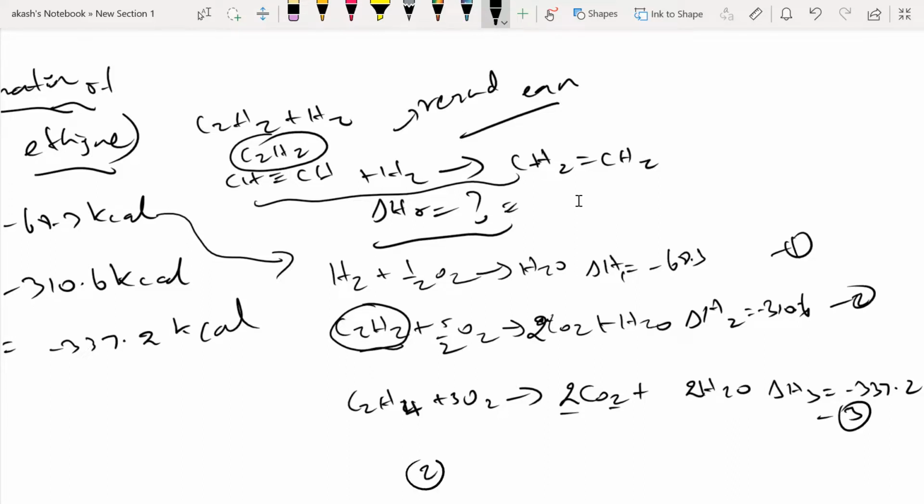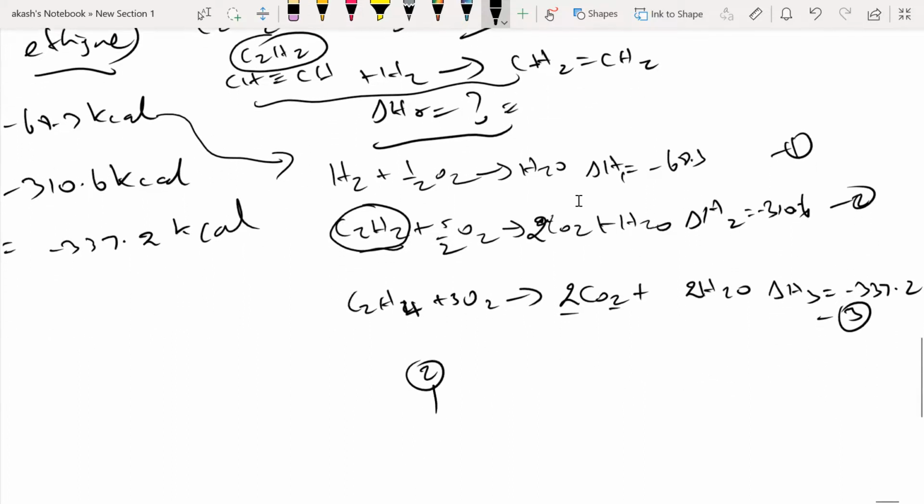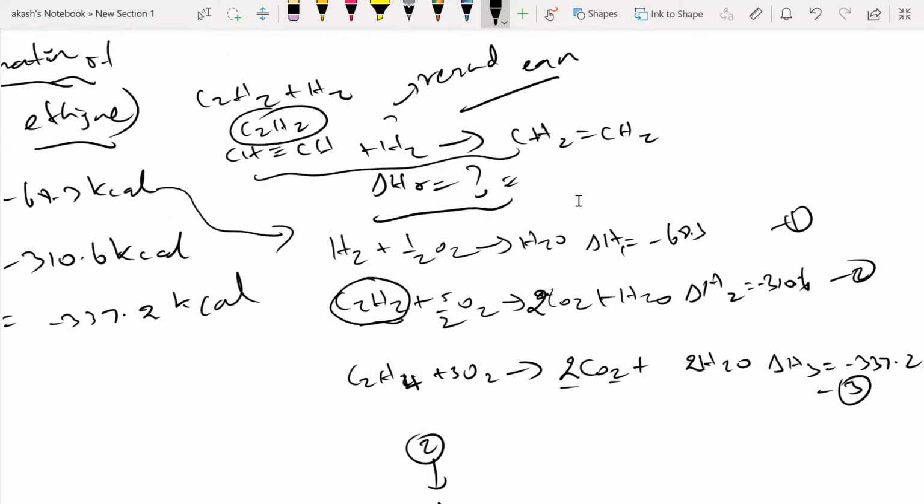So we can just write delta H2 directly, nothing changes. Next, we require H2 in the reactant side. H2 is indeed in the reactant side, in the first equation, and we are not going to do anything for this reaction also, because only one H2 is required.